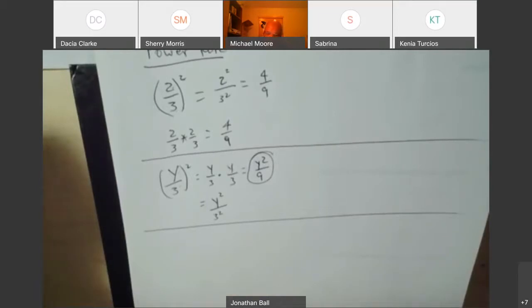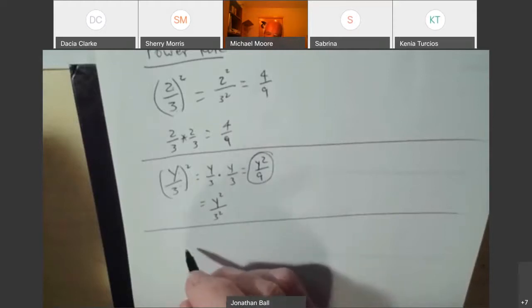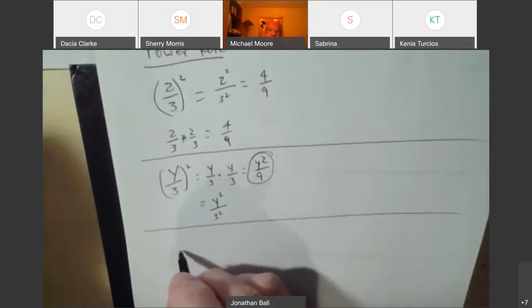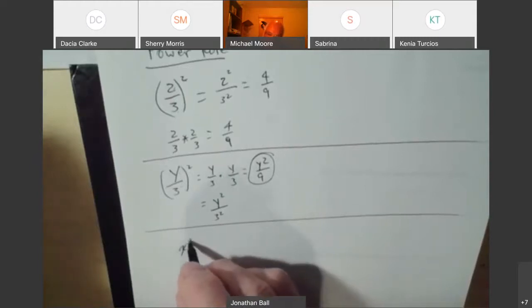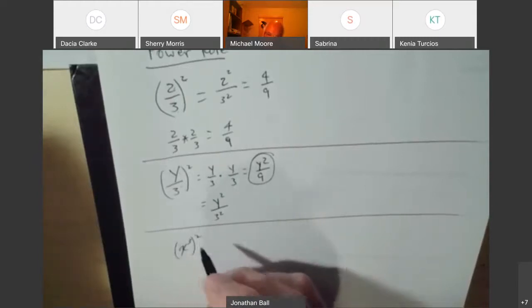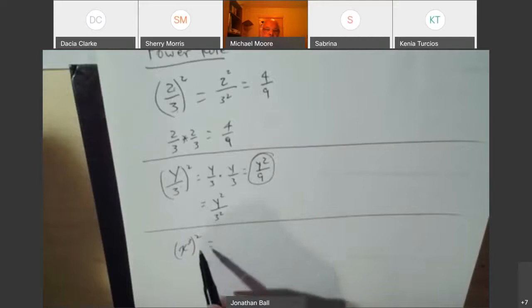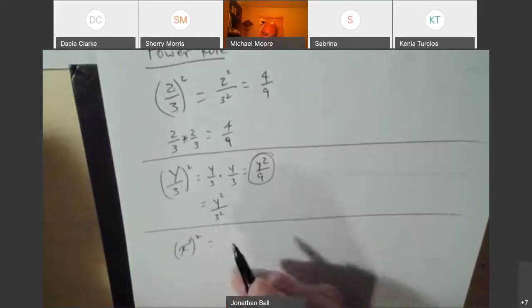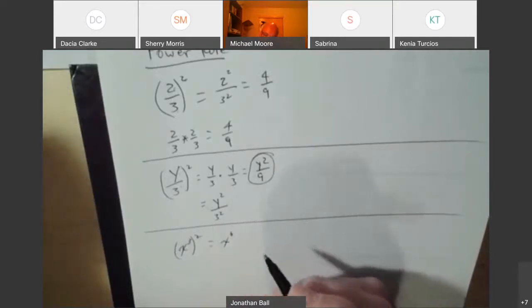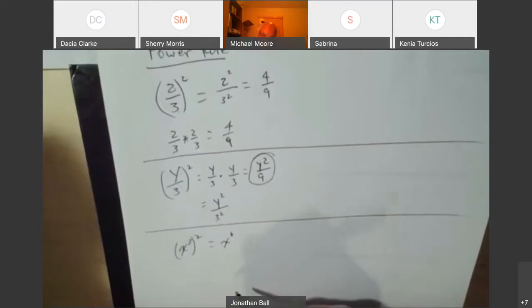Okay, now what happens if you have a power raised to a power? What if you have x cubed all squared? Now when you have a power raised to a power, you multiply the exponents. Okay, because what is this really?